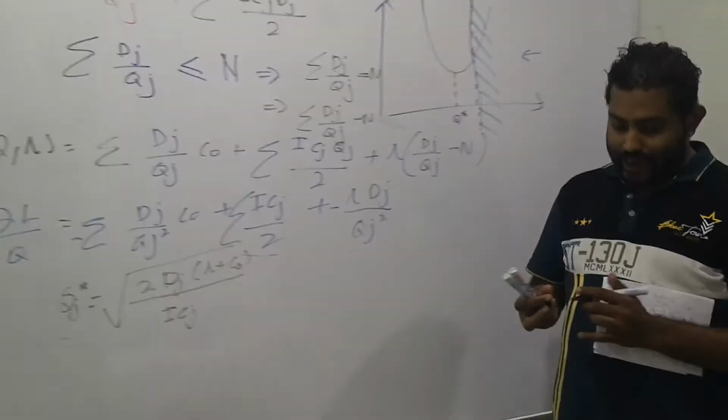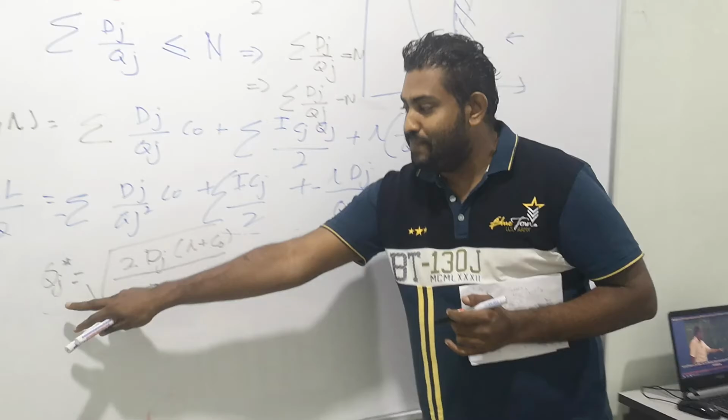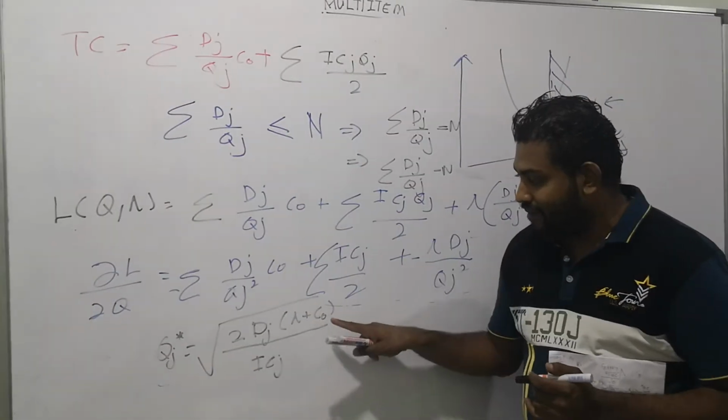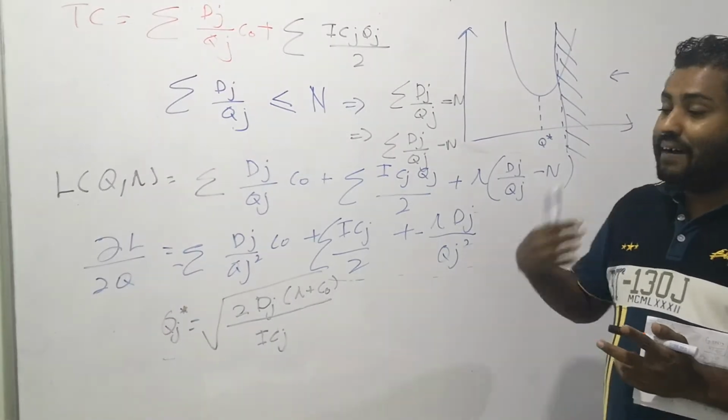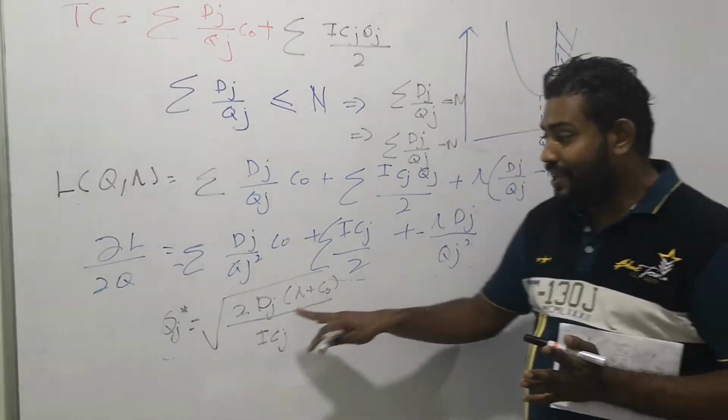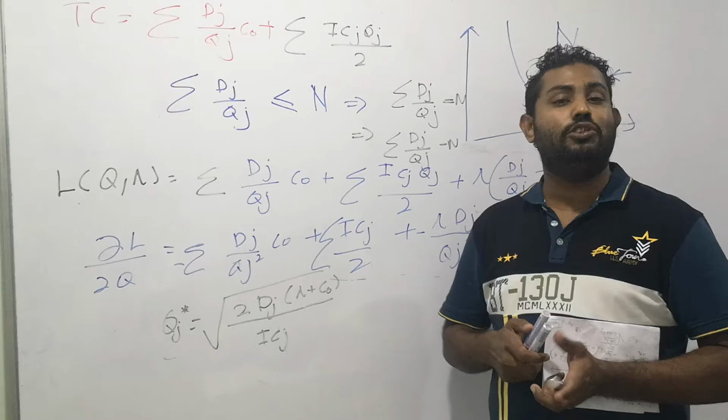If you look here at our qj, although we managed to get qj, here we still have our lambda. We need to determine the value of lambda. After we determine the value of lambda, it will be easier for us to calculate using our new EOQ.